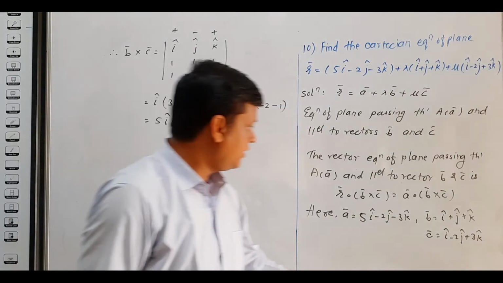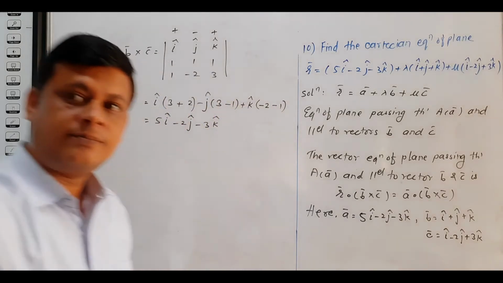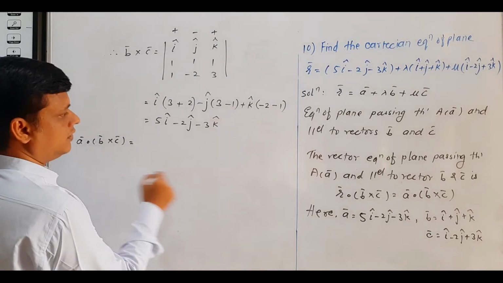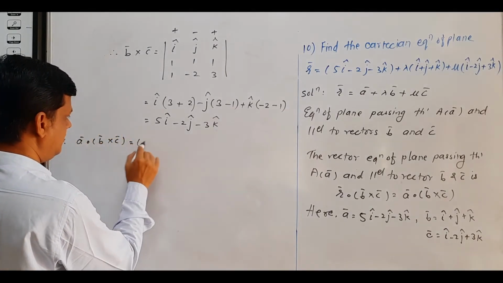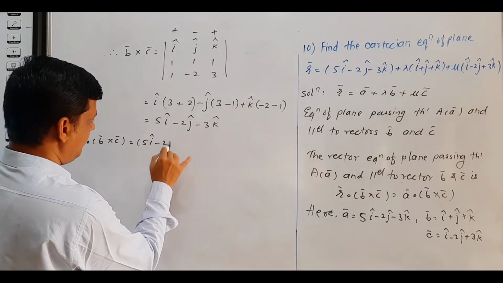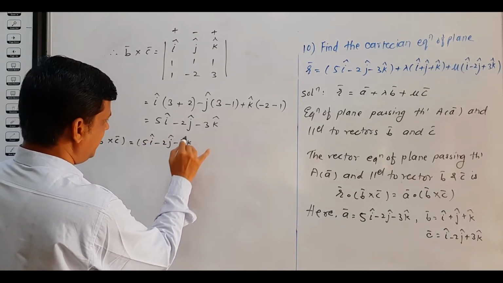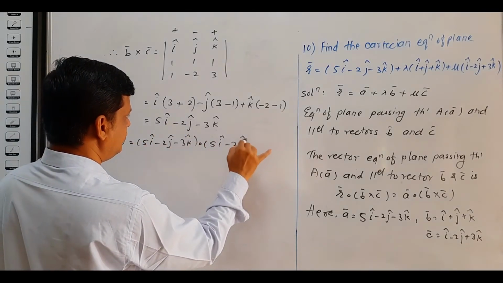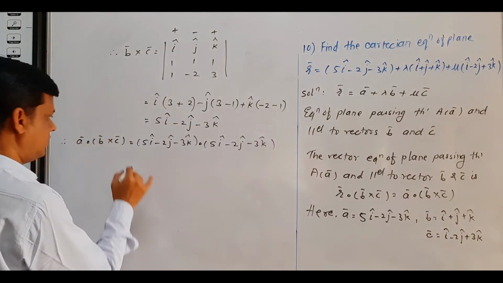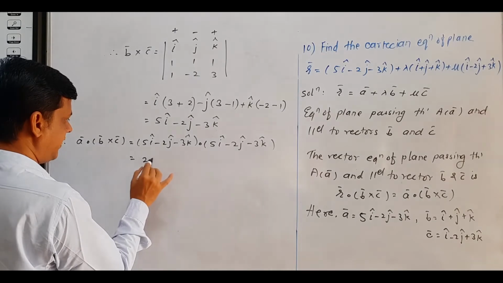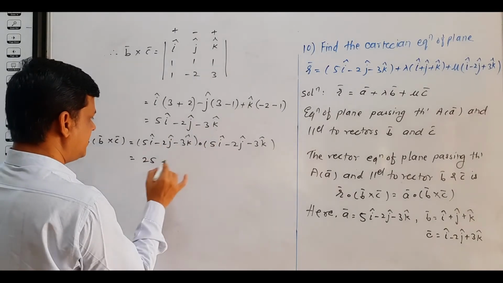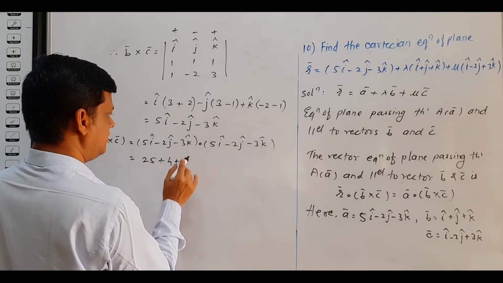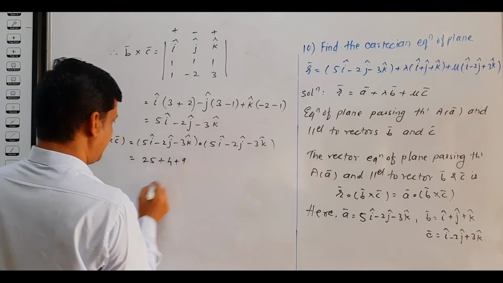Now we find the value of A bar dot B bar cross C bar. So we find here A bar dot B bar cross C bar is equal to, A bar is 5i minus 2j minus 3k dot B bar cross C bar is 5i minus 2j minus 3k, which is equal to 5 5s are 25, i dot i is 1, minus minus gets plus, 2 2s are 4, minus minus gets plus, 3 3s are 9, so we write here 9.